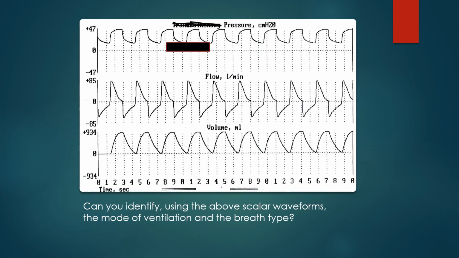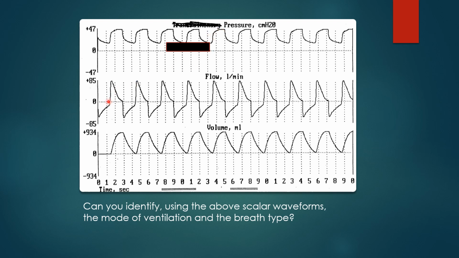Here's another exercise. What mode of ventilation is this, and what are the breath types? Well, we see the pressure is held constant during inspiration. It's not perfectly flat up there, but sometimes you will see that.